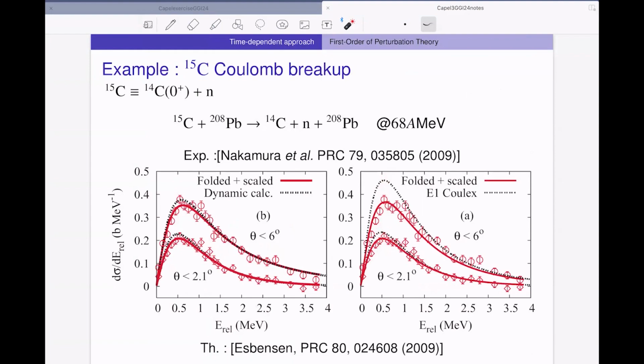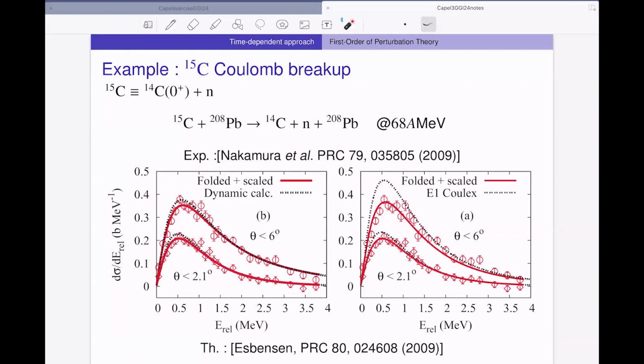So if you infer information from these calculations, you will be wrong. The structure observable that you will obtain will be wrong, and the change is significant. You have up to 20% difference between the E1 first order calculation and the dynamical one. So this is really significant, and you need to take that into account when you analyze these data.